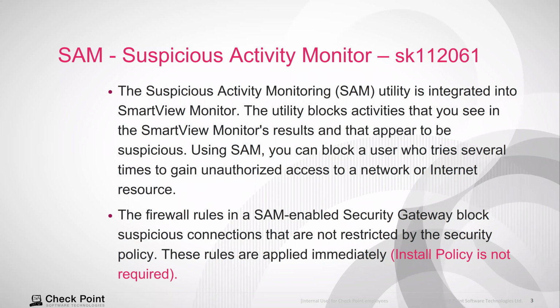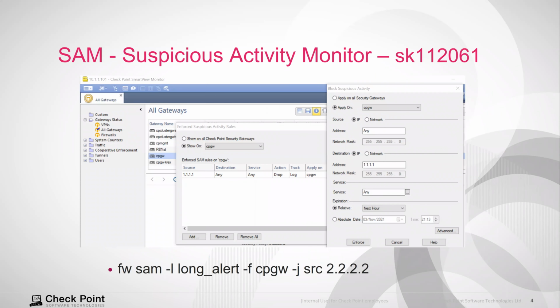So this is a screenshot of the management interface for putting in a SAM rule, and we'll do this. You'll see the mechanism to actually do it, but I've got a screenshot here. And then it's got a command line interface that runs on the management server that you can do.